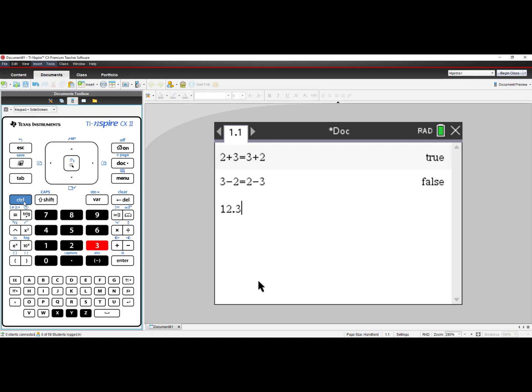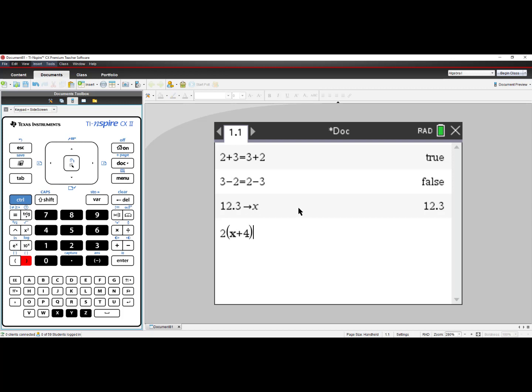12.3, control var, and I'm going to store that value into the variable x, and I'll press enter. Now I can test 2 times the quantity x plus 4, close parentheses. Notice the x is in bold.